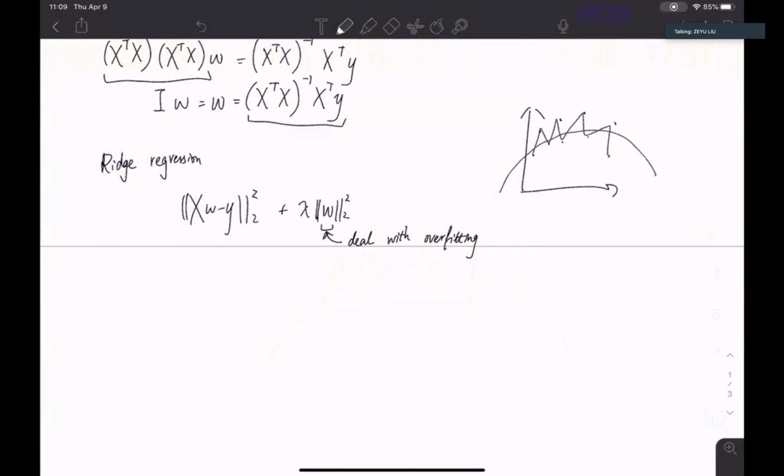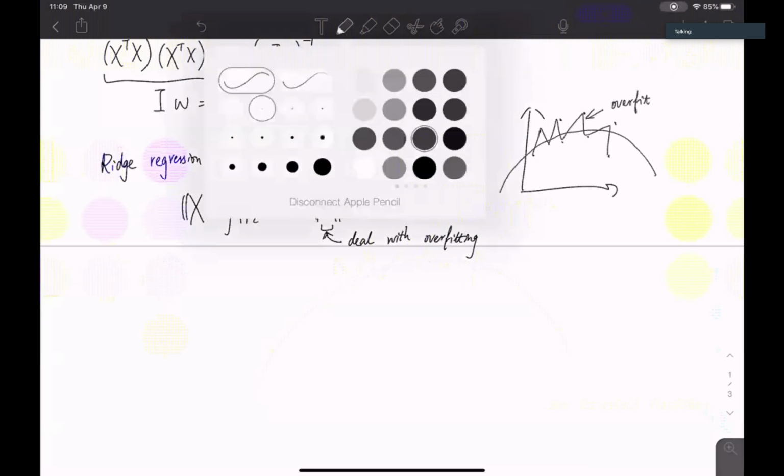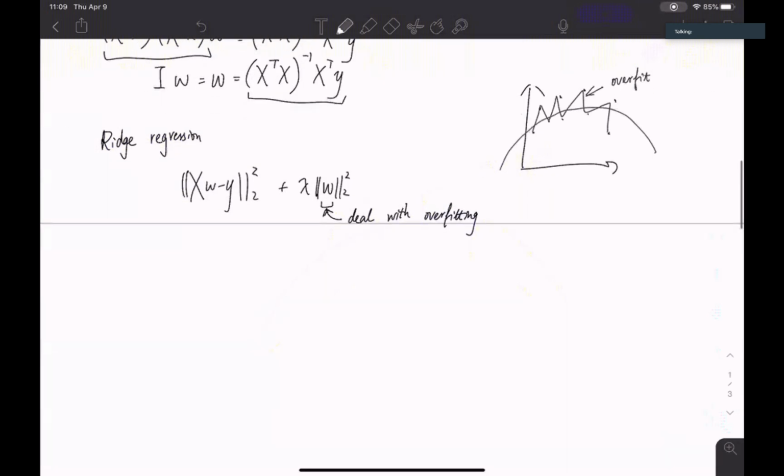So this is definitely overfit. Because what if there's another data point that lies here, also drawn from the same distribution, your model will mess up.